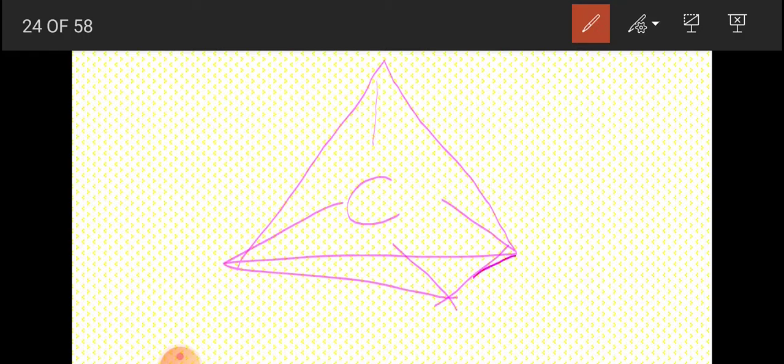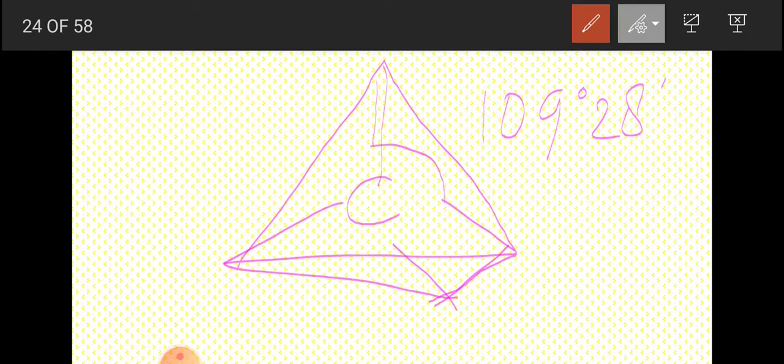Okay, methane will give a tetrahedron structure and the bond angle will be 109 degree 28 minutes. Now let's see the shape of the ammonia molecule.